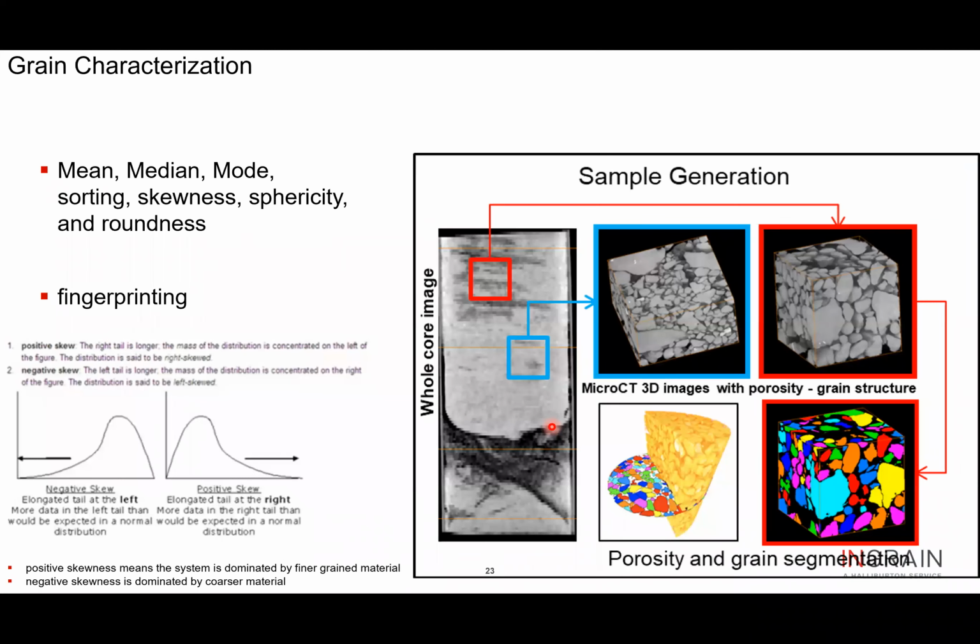For a geologist, grain size distribution means a lot: the sorting, skewness, sphericity, roundness, etc. And we can get this information from our microCT measurement. You remember I was talking about cutting a micropillar and then running a microCT on that. From there, we can identify all these different grains.